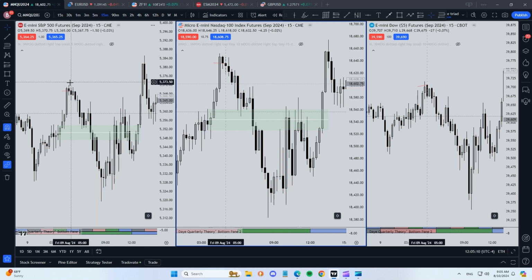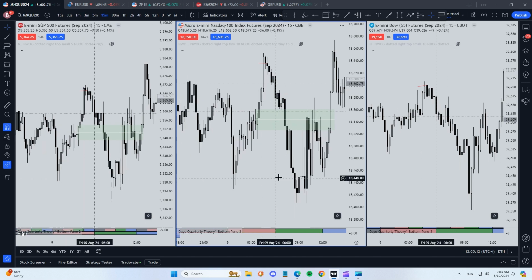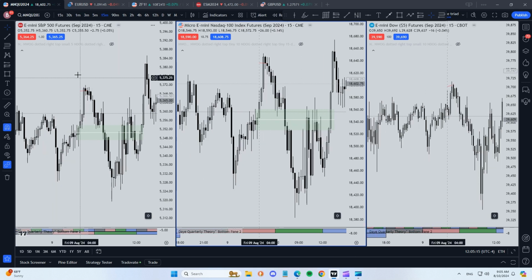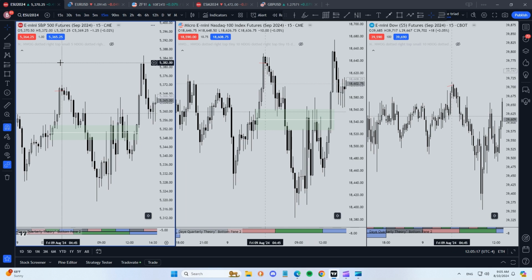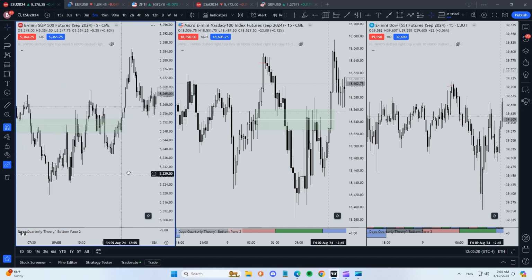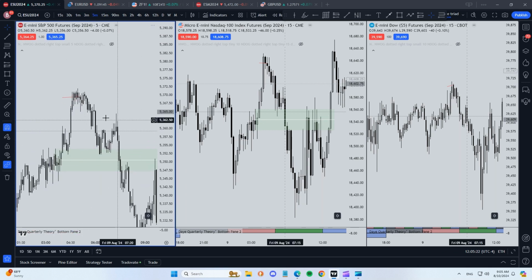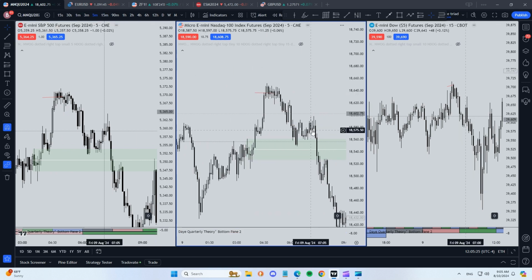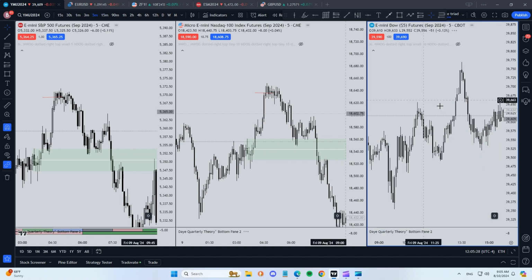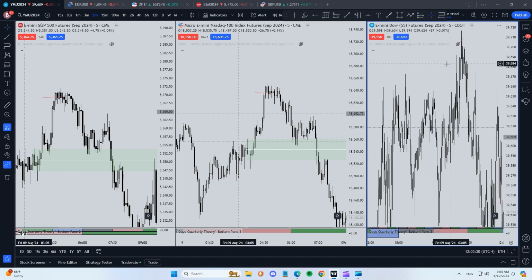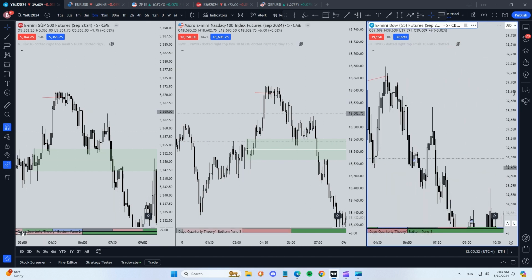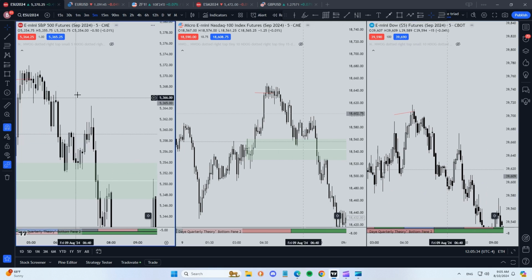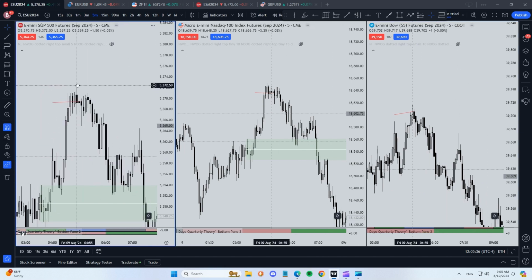So anyway, price came down, as you can see, still no SMT. I don't really see anything on the 15 minute, but we're gonna keep going down, trying to figure out what happened during London to just get a better grasp on why we came lower at that point. Now going down to the 5 minute, let's take a look at what we got here.